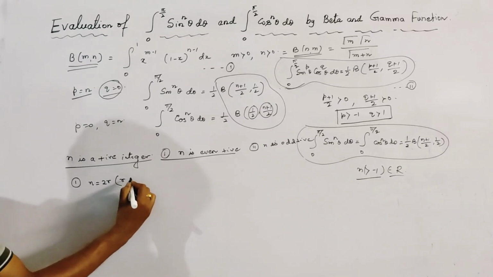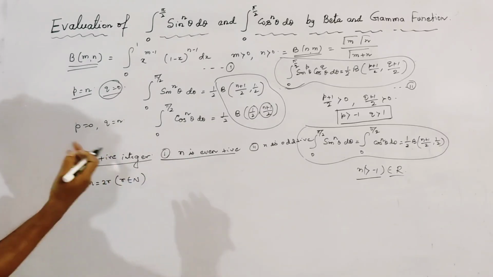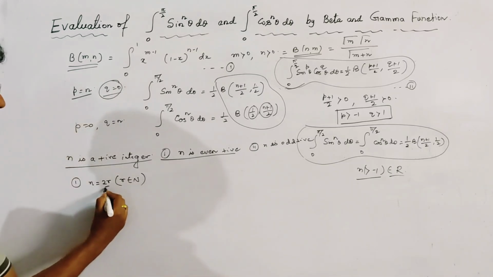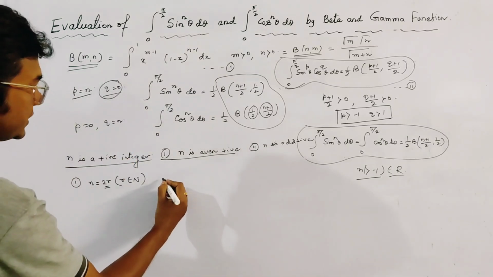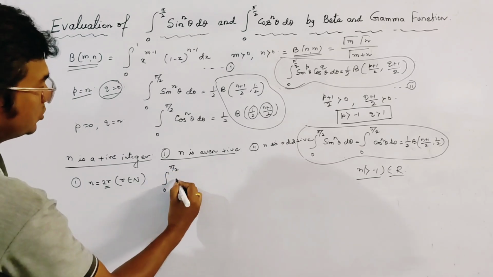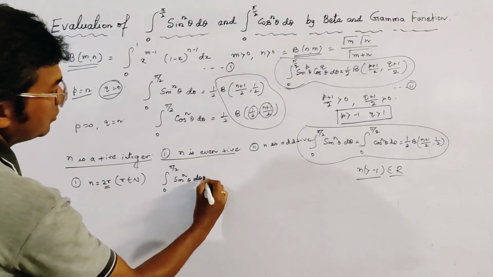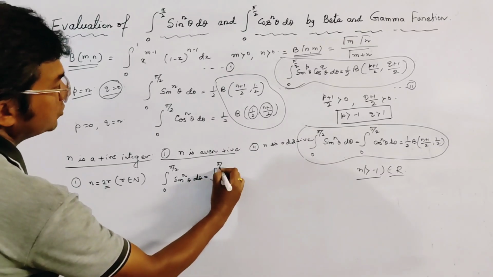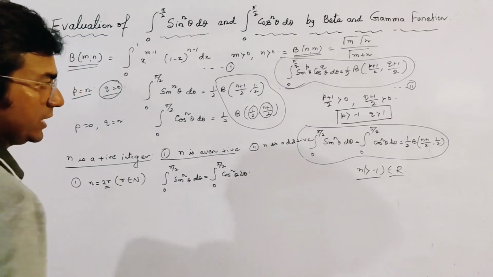Now in the first case, case 1, n equals 2r, where r belongs to the natural numbers, because this is any natural number and 2r is an even positive integer. In this case, the integration from 0 to pi by 2 of sine to the power n theta d theta is equal to the integration from 0 to pi by 2 of cos to the power n theta d theta.